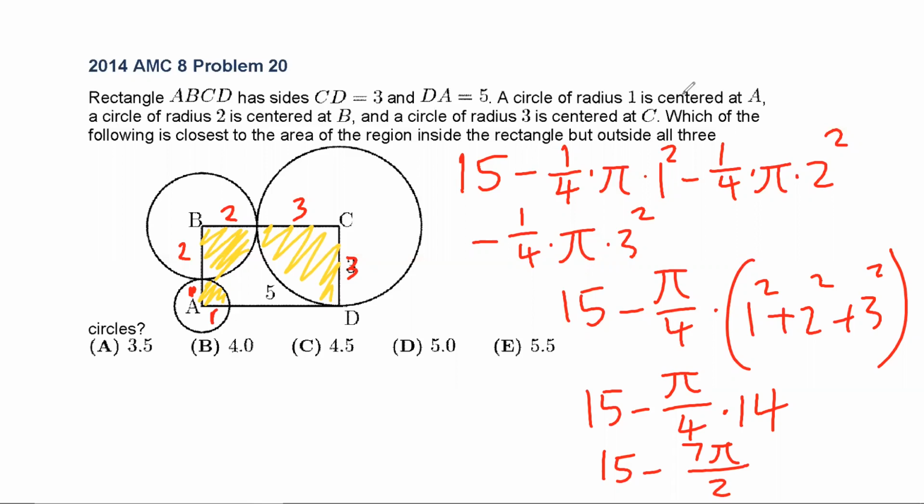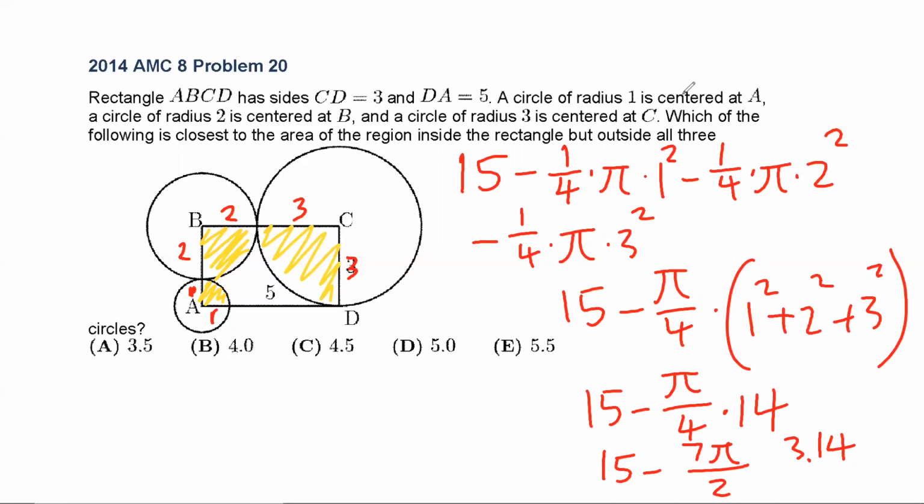And pi, if you just approximate it to 3.14 should be enough. So 7 times 3.14 is just going to be 21.8 something-ish. Divided by 2 is just going to be 10 point something-ish.